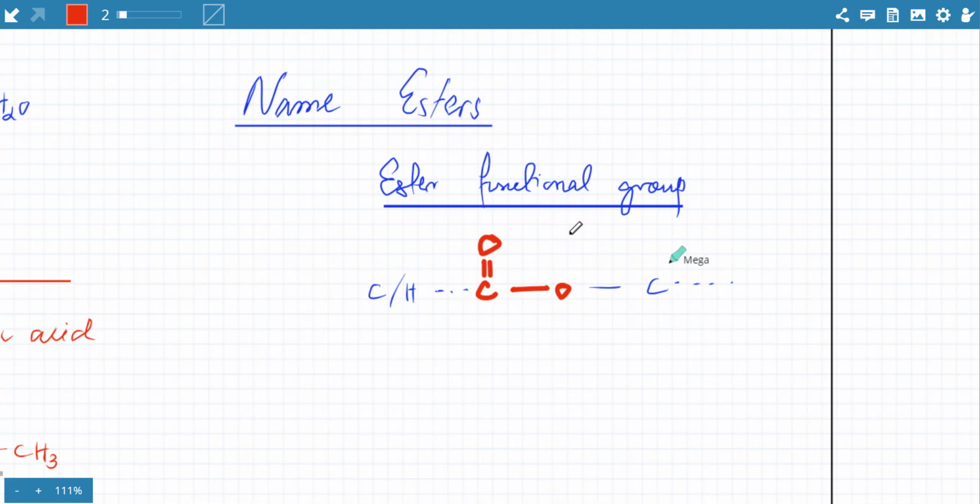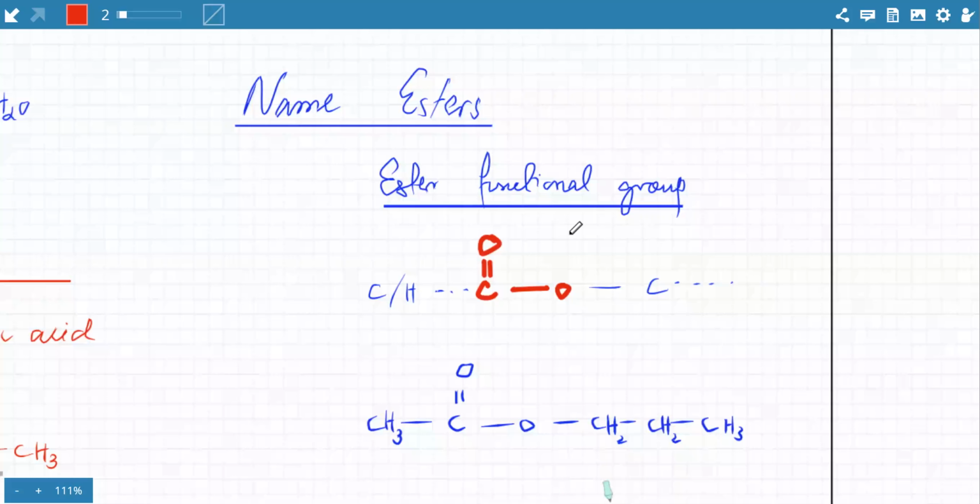Now, how do you name the molecule? It is going to be named in two parts on either side of this chain. For example, if I pick an ester molecule and I have just one carbon atom on this side, there would be three hydrogens on this side, two hydrogens on this side, and three hydrogens on this side.